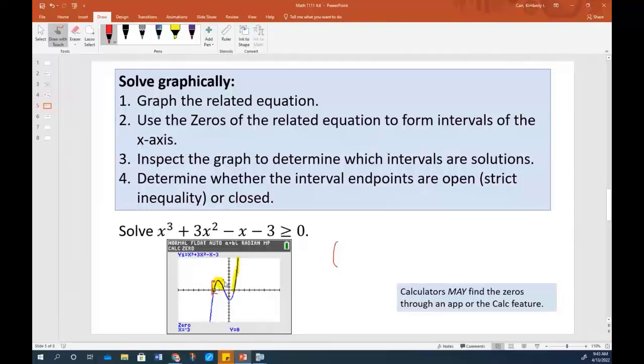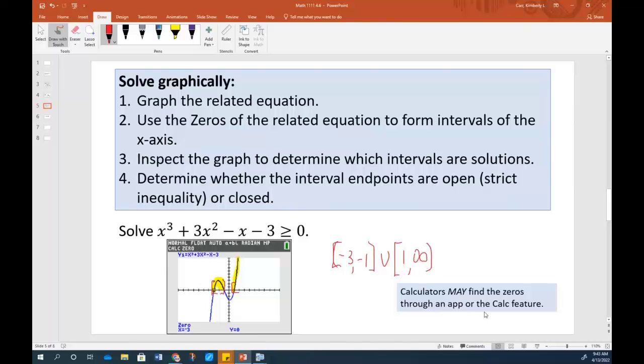Now why should it be closed? Because when I look right here, it says "or equal to." So closed from -3 to -1, unioned with 1 to infinity.